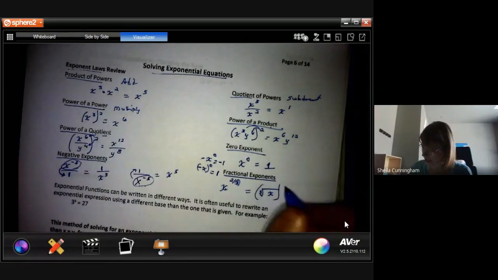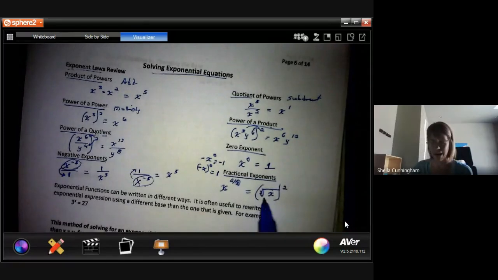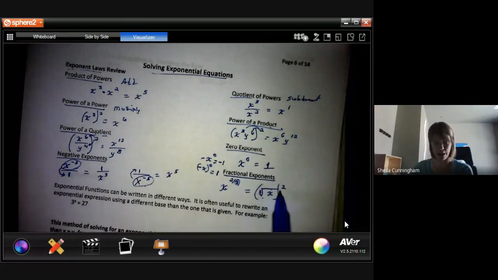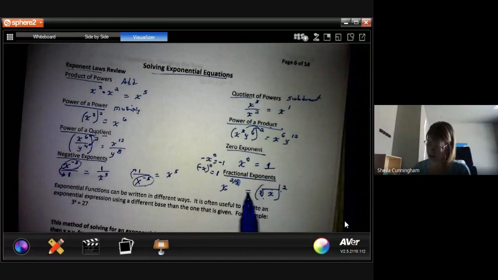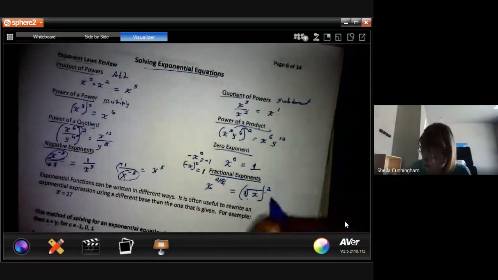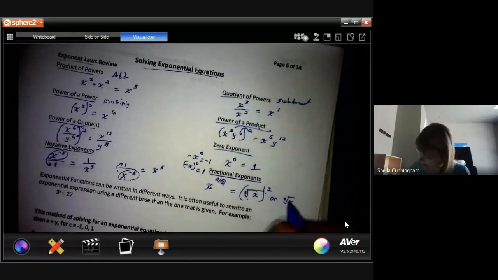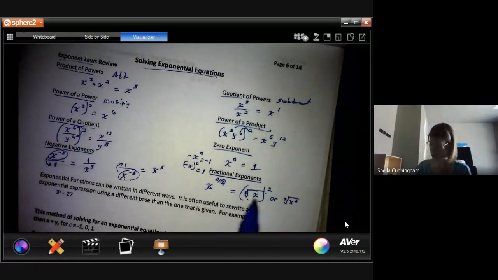So this is saying the cube root of x is going to be to that power of 2. That's one way to write it. Or it's still a cube root of x, but my x is being squared. So I can write it like this, or I can write it like this. You'll end up with the same resulting answer in the end.